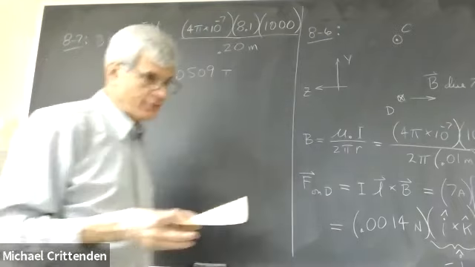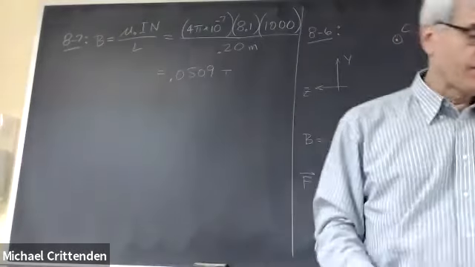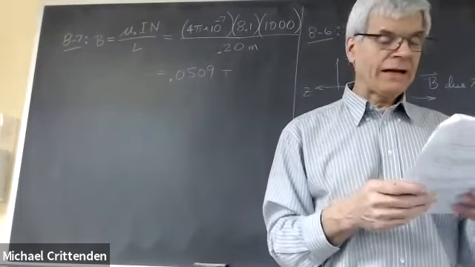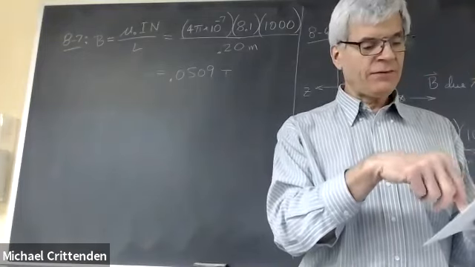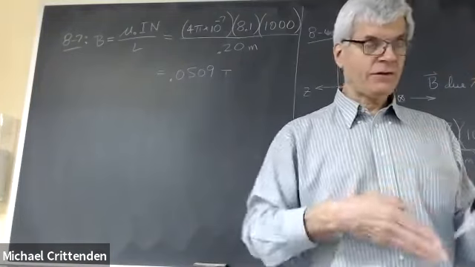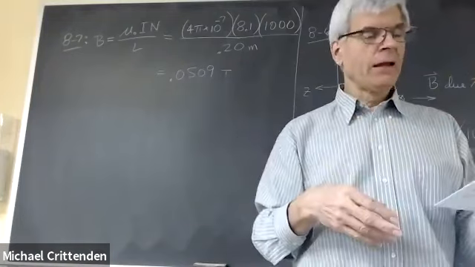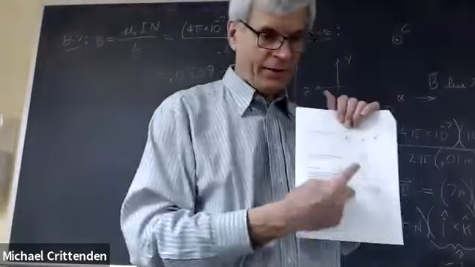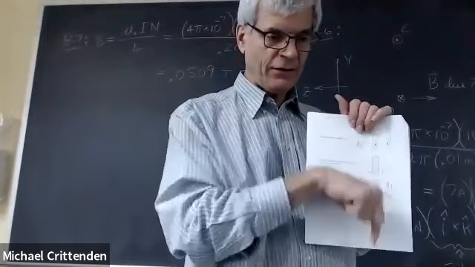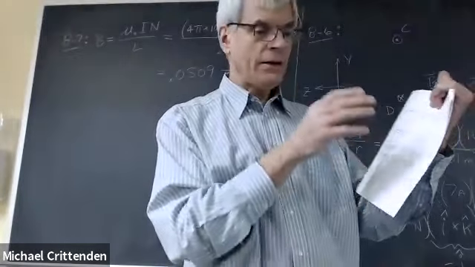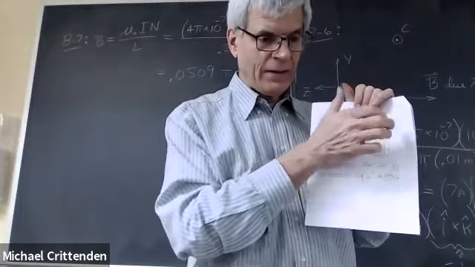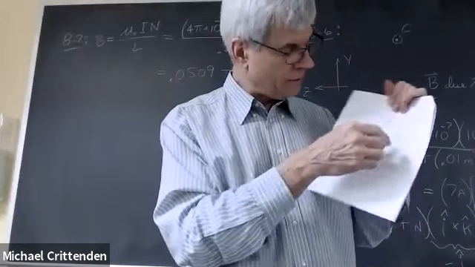To get its direction, well, remember the field of any coil is along the axis, okay? The field inside of it anyhow. So the axis of this coil runs along the y-axis. The coil goes up and down. The right-hand rule is to choose between the two alternatives. Does the magnetic field point up the y-axis or does it point down the y-axis? You grab the coil with your fingers wrapping around it, pointing in the same direction that the current flows, okay?